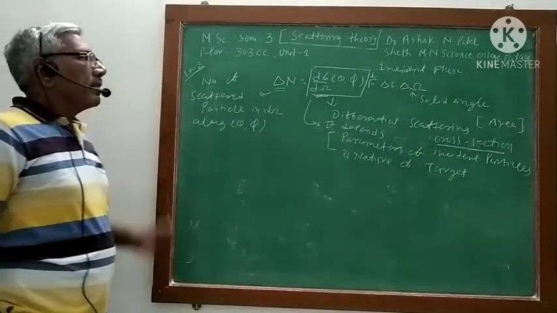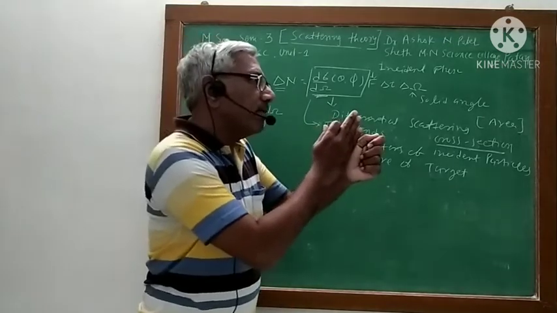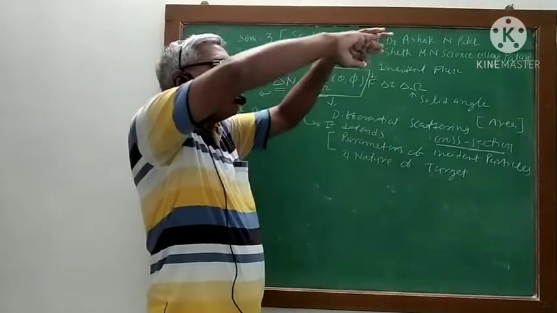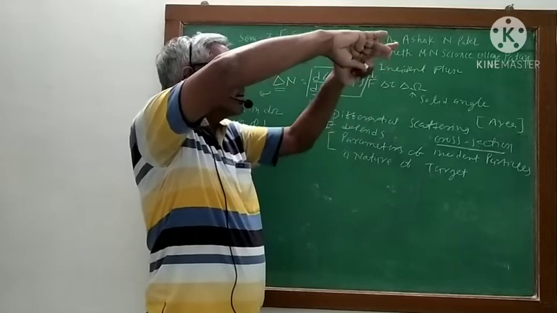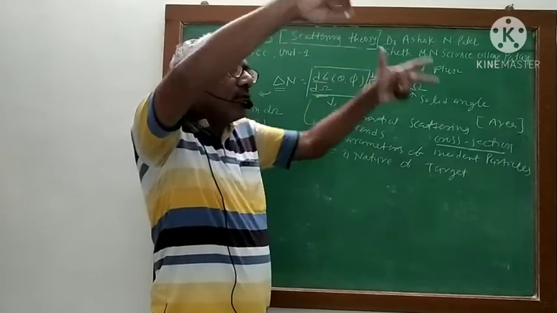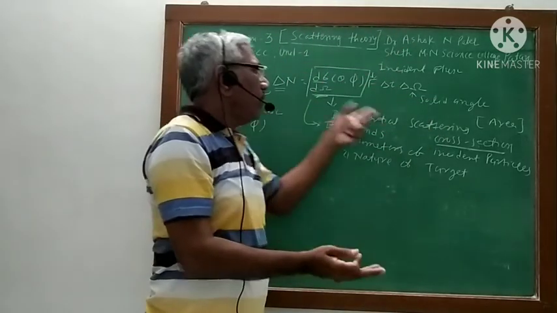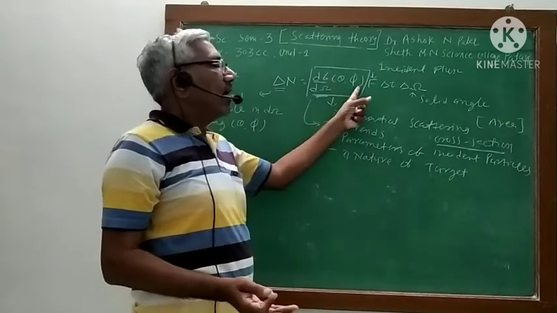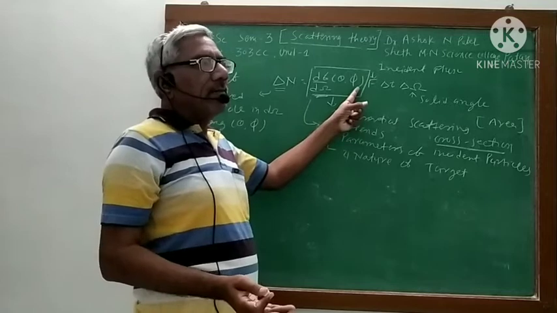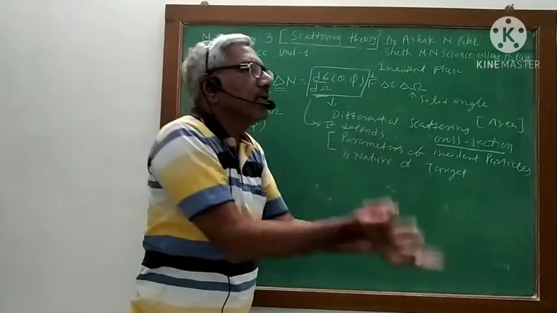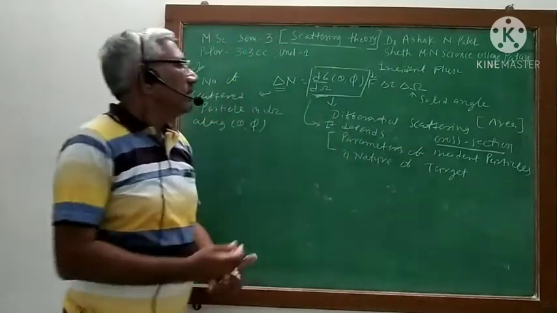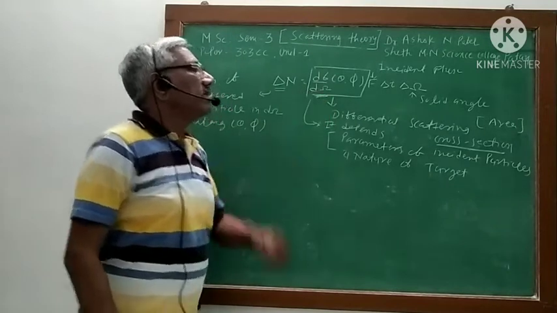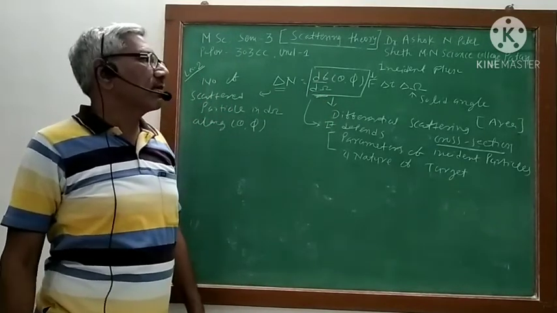Now, instead of scattering in a particular direction, if you want to find the scattering in all directions, because this is the scattering cross section along the direction theta and phi, then you have to integrate the differential scattering cross section.